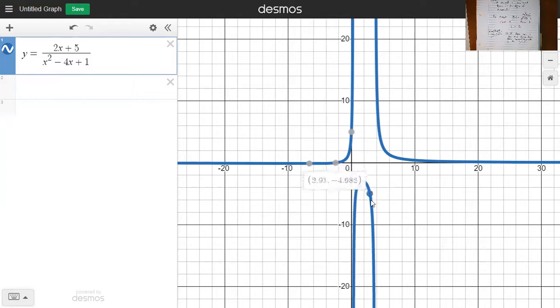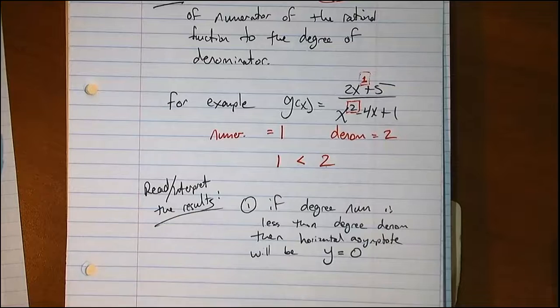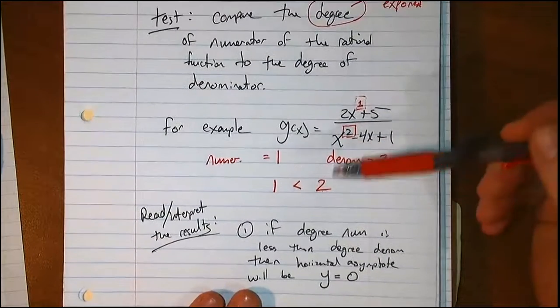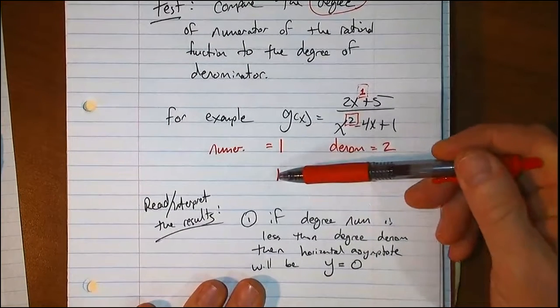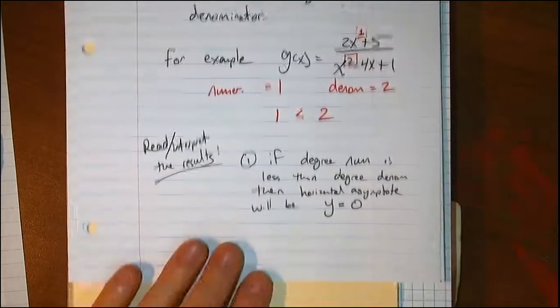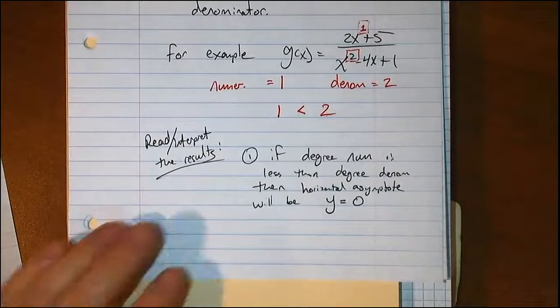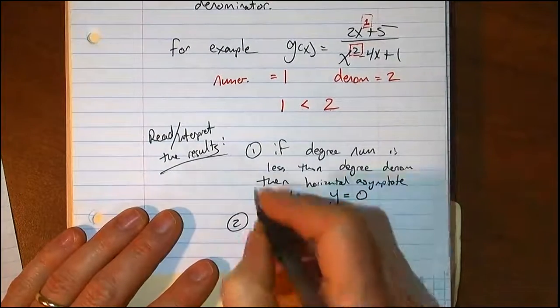There's another vertical asymptote falling down here, and then it jumps up here. By the end of the week, you will be able to make graphs like this. We're not there yet, but that's coming soon. That is the first possibility of our test result, where the numerator is smaller than the denominator. But of course, other things could happen. They could be equal.